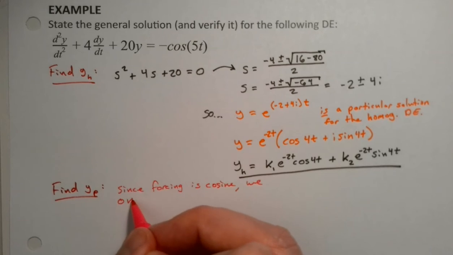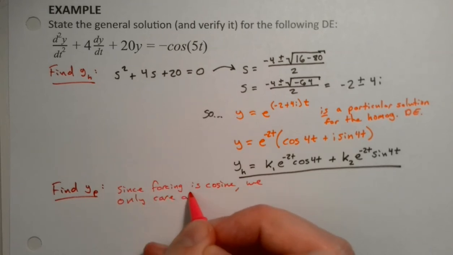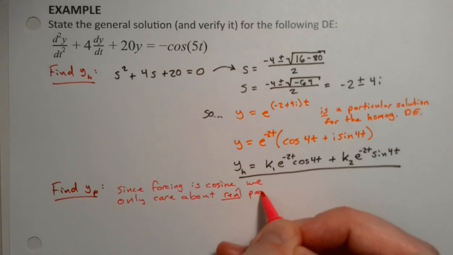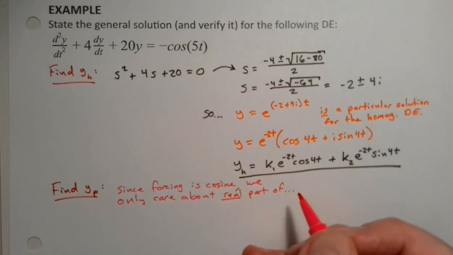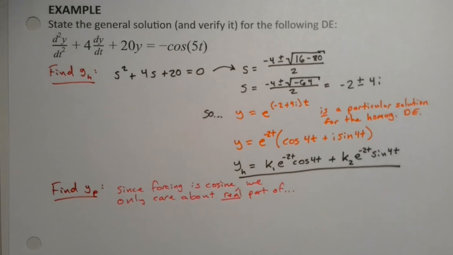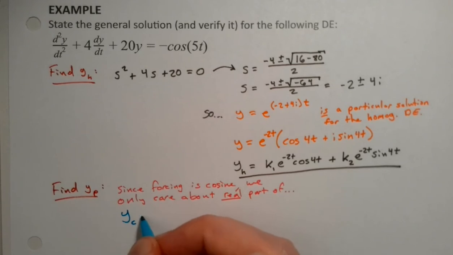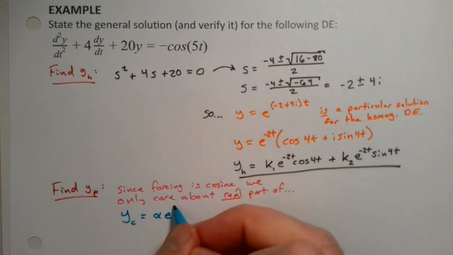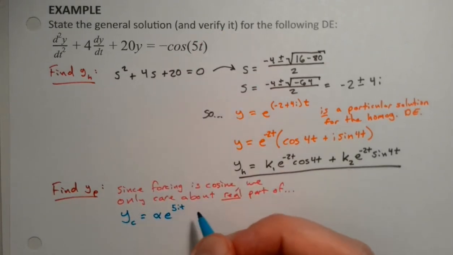We only care about the real part of our guess. And our guess for this one is going to be something like y sub c equals some alpha times e to the 5it.